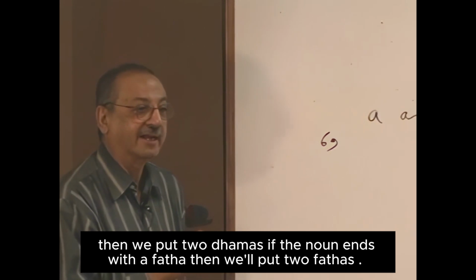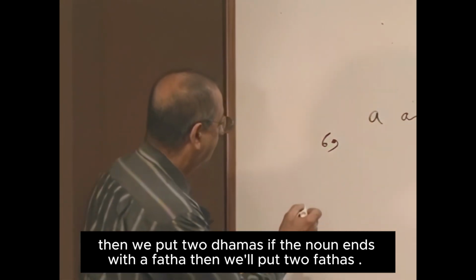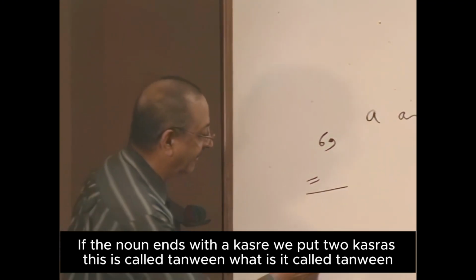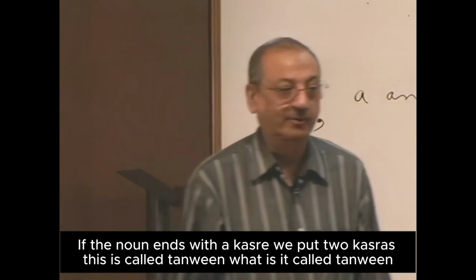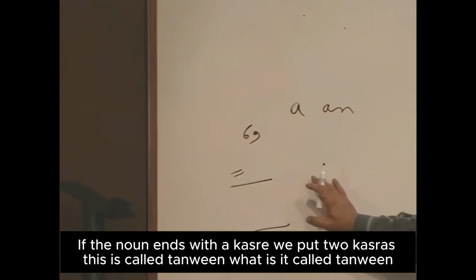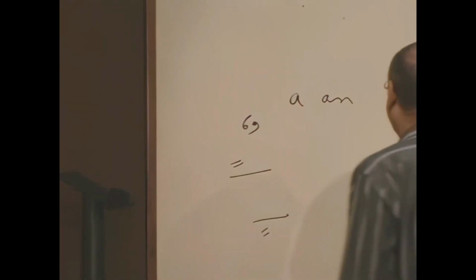If the noun ends with a fatha, then we put two fathas. If the noun ends with a kasra, we put two kasras. This is called tanween.